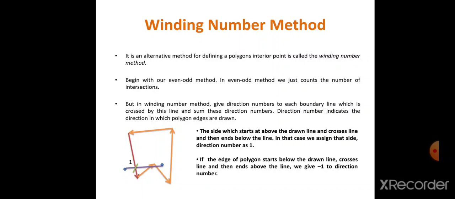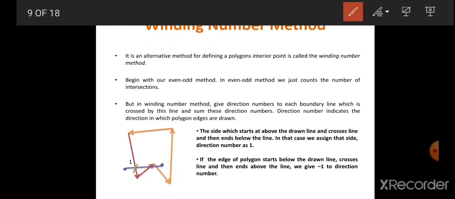If the edge of the polygon starts below the drawn line, okay, and if it ends above that drawn line, then we have to give the direction -1. So, consider the next line. Now, you can see the change in color of that line. In this line we can see that it starts from a point below this drawn line, so it is starting from below and it is ending above that line.